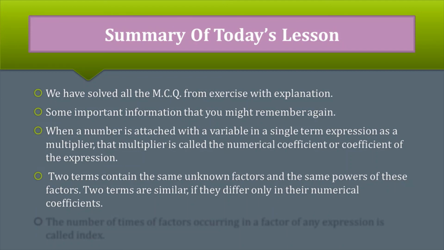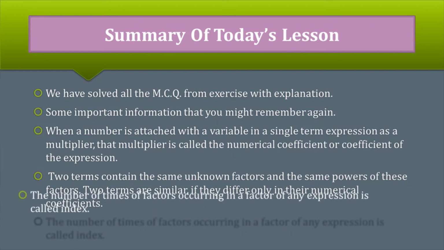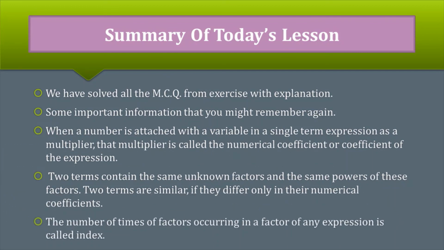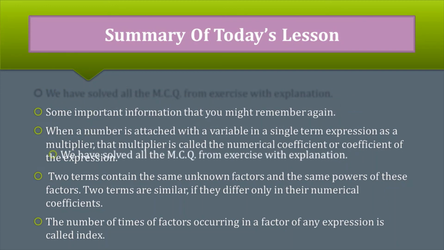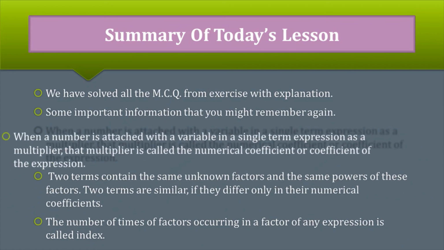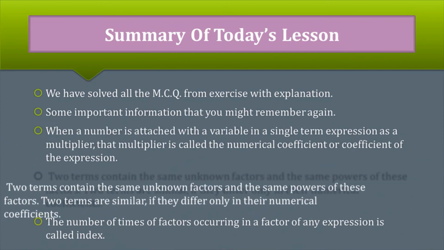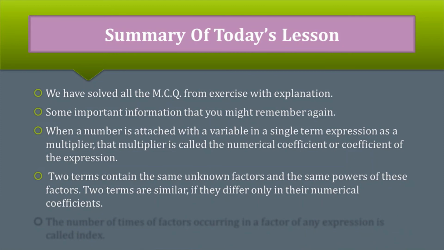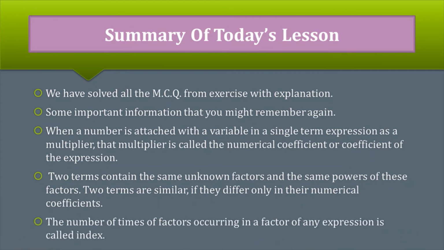Two terms are similar if they differ only in their numerical coefficients. The number of times a factor occurs in any expression is called the index. So that is the summary, my dear. As you can see, the important definitions of coefficient and similar terms, also the index.